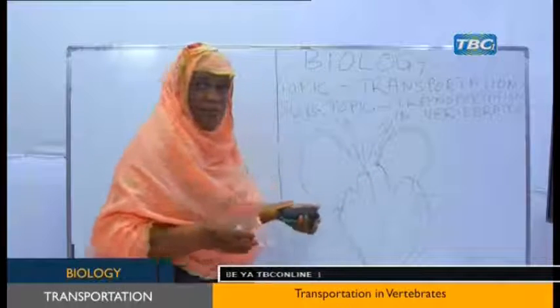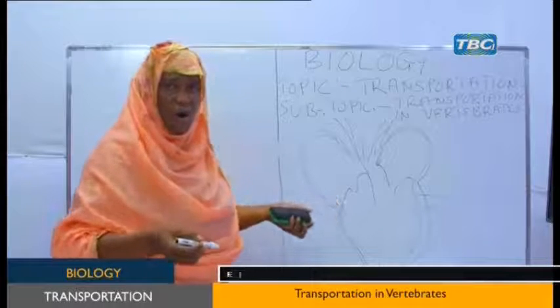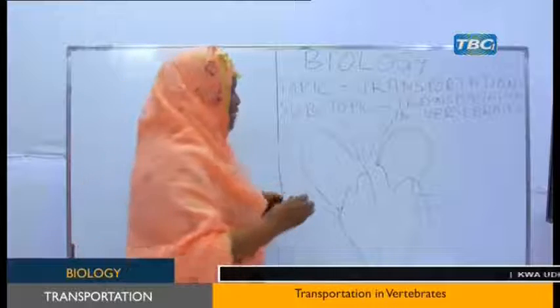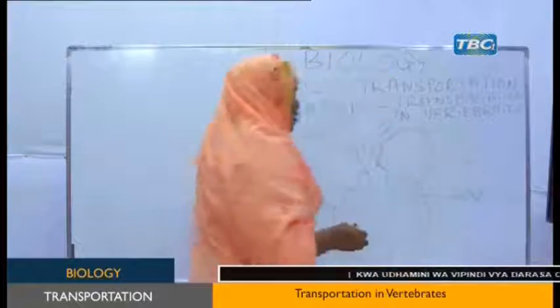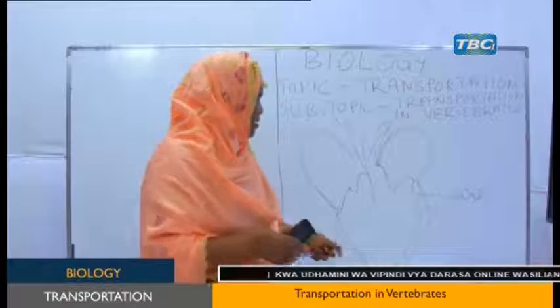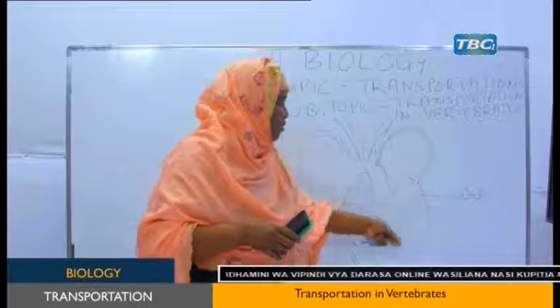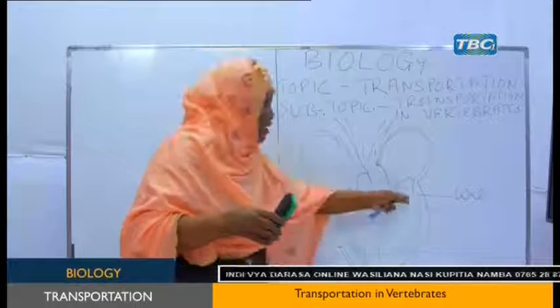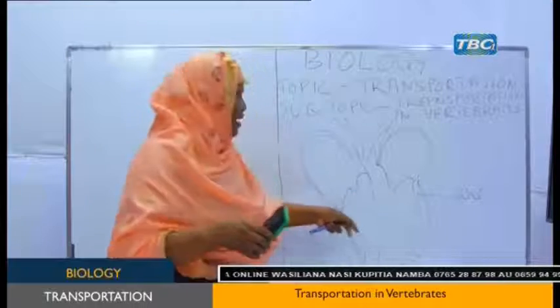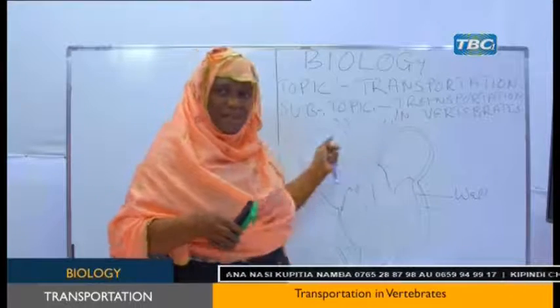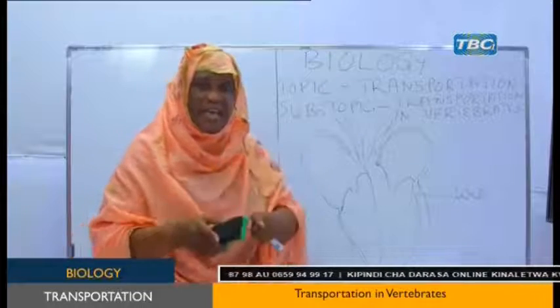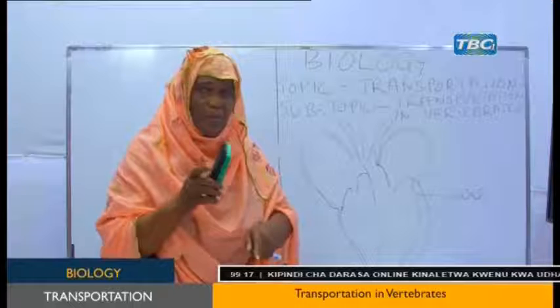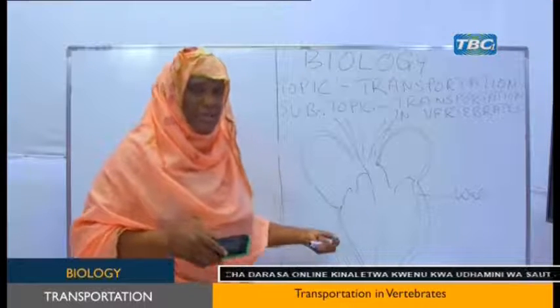This is the wall of heart. And when you check the walls of the ventricles or the lower chambers and the walls of the upper chambers, the upper chambers have thin walls compared to the lower chambers.